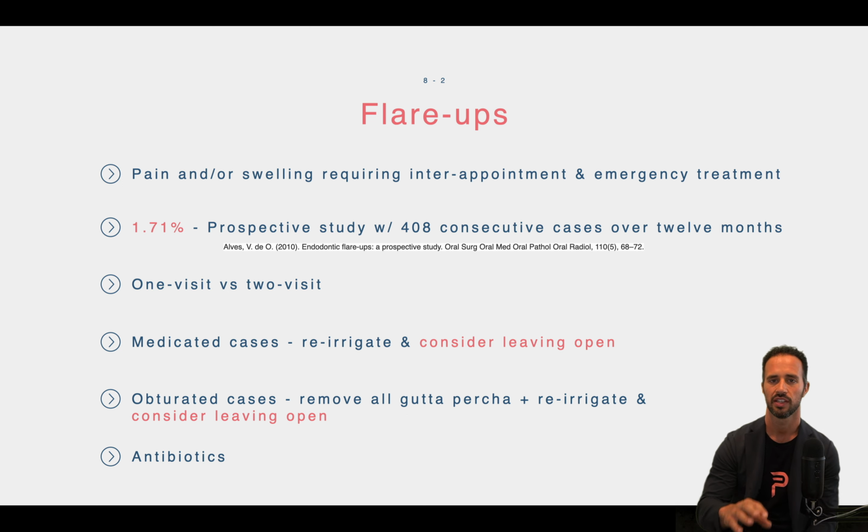As opposed to cases where a 1-visit treatment was performed, because now you have gutta percha in the roots, and that gutta percha has to be removed before you're able to disinfect the tooth again by passing a lot of irrigation solutions through the canals. And then again, deciding whether you want to medicate and close or potentially leave the tooth open. Antibiotics are generally always prescribed for these patients that have a flare-up because it's usually due to a bacterial infection.